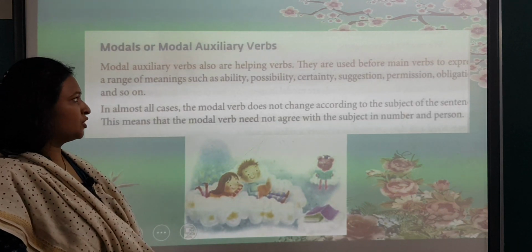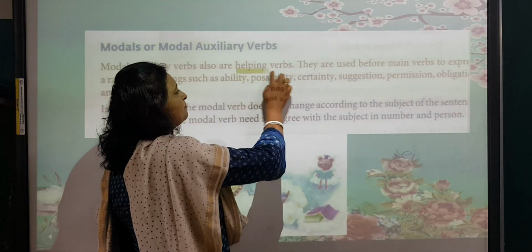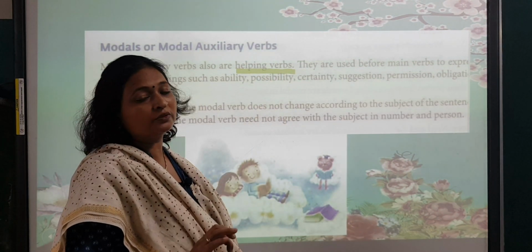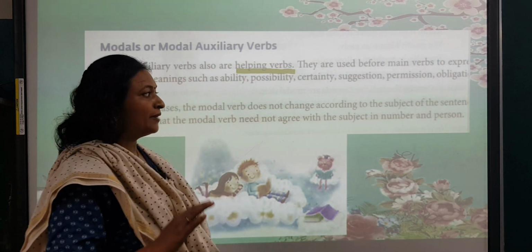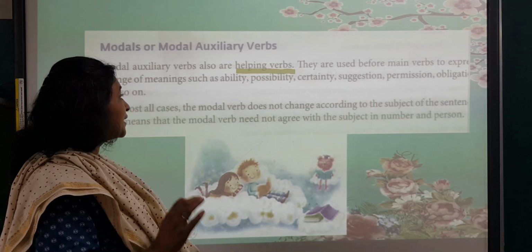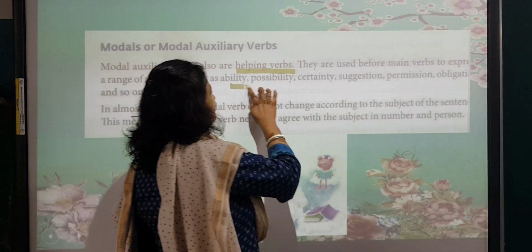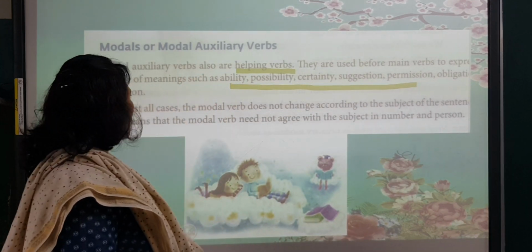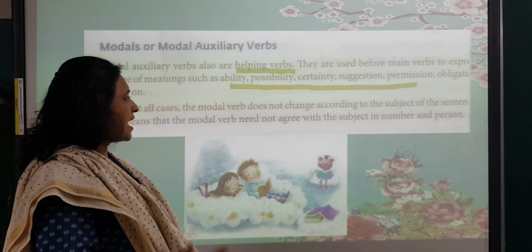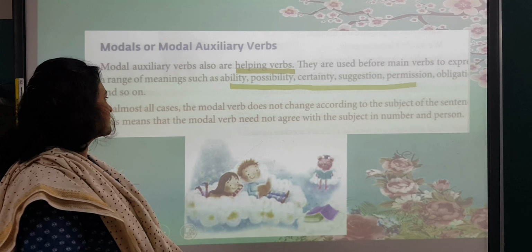Modal auxiliary verbs also are helping verbs. You all know that it is also called by this name. They are used before main verbs to express a range of meanings such as ability, possibility, certainty, suggestion, permission, obligation and so on. I have already mentioned these things.